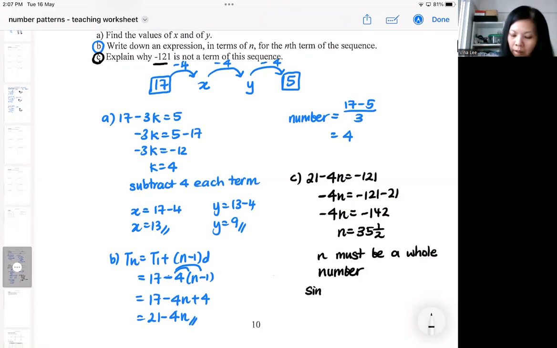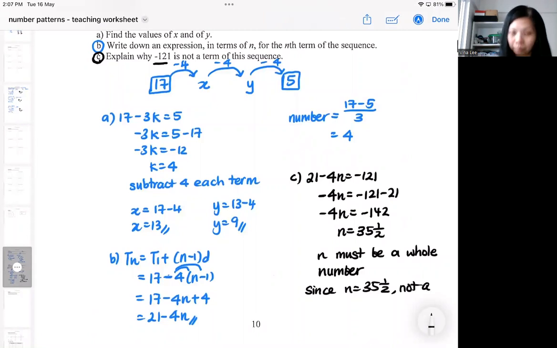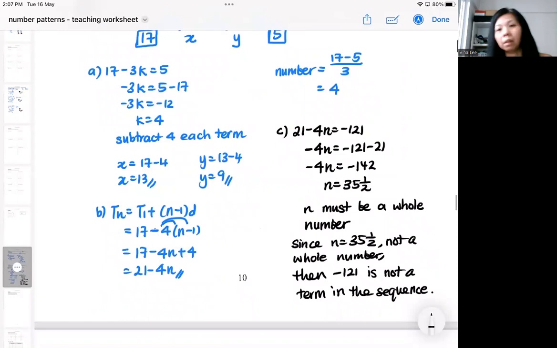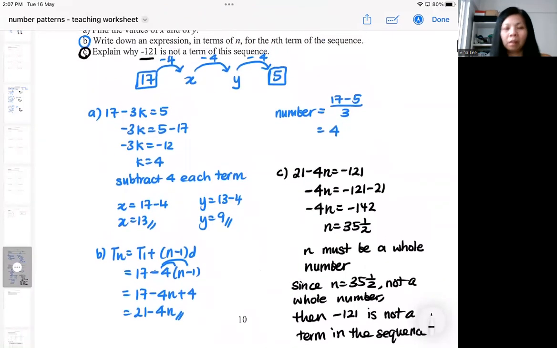So since n is equal to 35.5, which is not a whole number, then minus 121 does not appear, it's not a term in the sequence. So the important thing is you're not getting a whole number. When you're not getting a whole number, that means it doesn't appear at all. We don't have a 35.5 term. All our n are whole numbers.